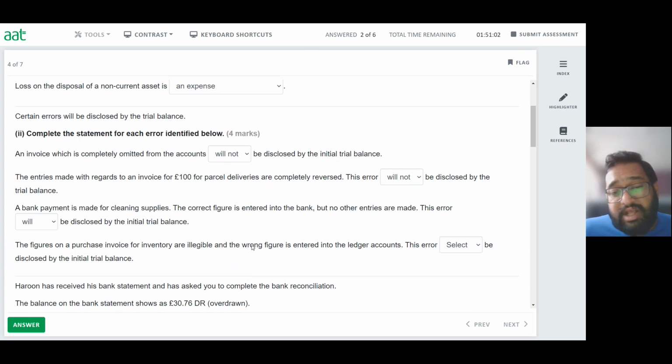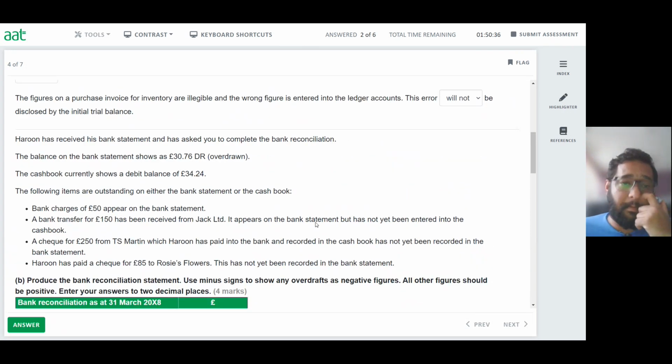They didn't say a wrong figure was illegible, they put in a wrong figure. So there is only one figure, even though it is wrong, and it's been entered into the ledger accounts regardless. Will that cause your accounts to be imbalanced? No, because that is the error of original entry, because my initial entry was completely wrong. So therefore, we have to look at it as an error which will not be disclosed by the trial balance.